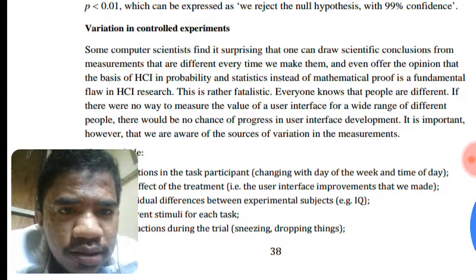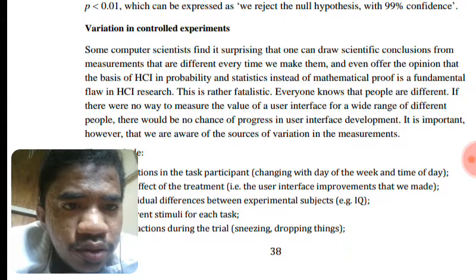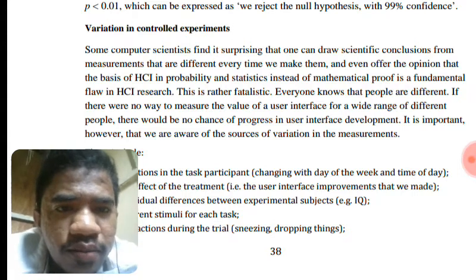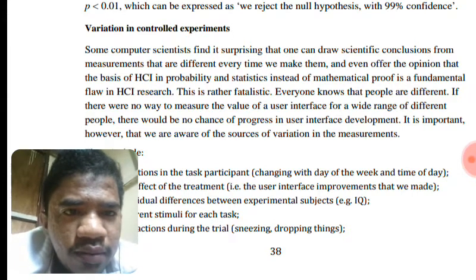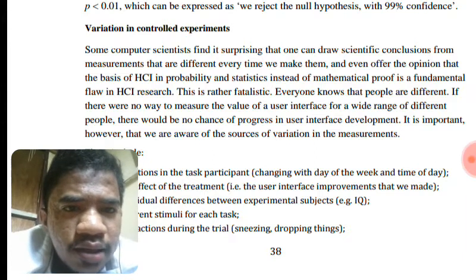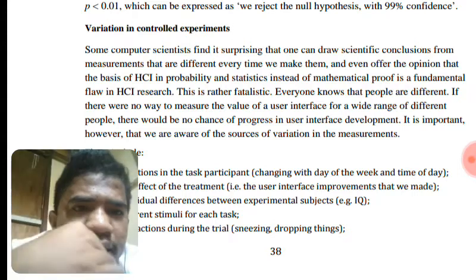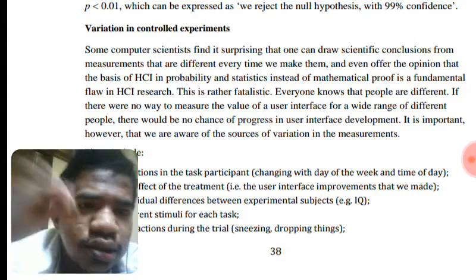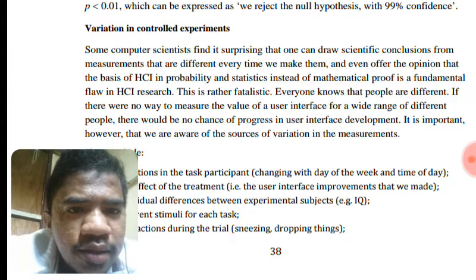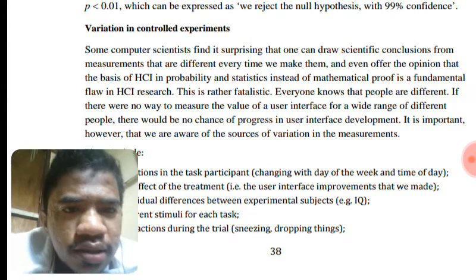Some computer scientists find it surprising that one can draw scientific conclusions from measurements that are different every time we make them, and even offer the opinion that the basing of HCI in probability and statistics instead of mathematical proof is a fundamental flaw in HCI research.